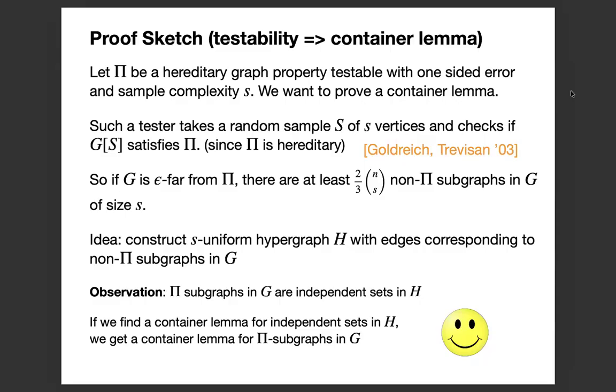For example, for k-colorability, every subgraph is also k-colorable. So if you're k-colorable, when we do the hypergraph, you're an independent set, but this is not true for a non-hereditary property. The subgraphs could fail to satisfy the property, and so they're not independent sets.